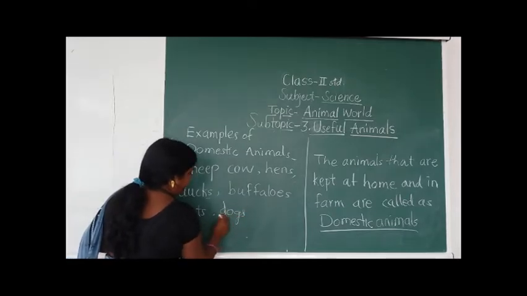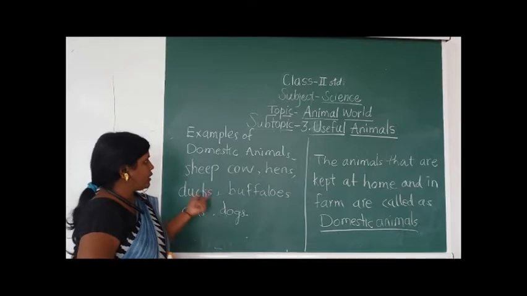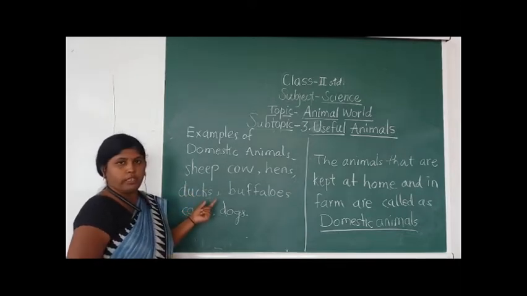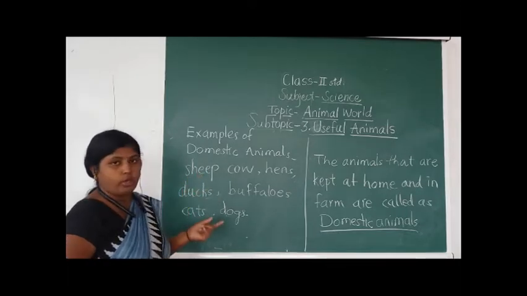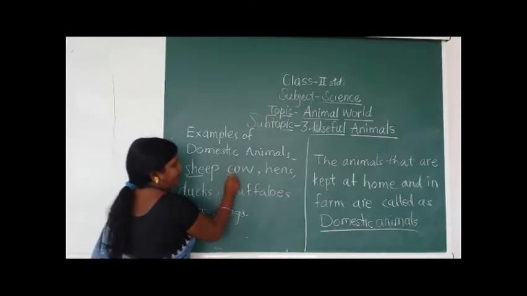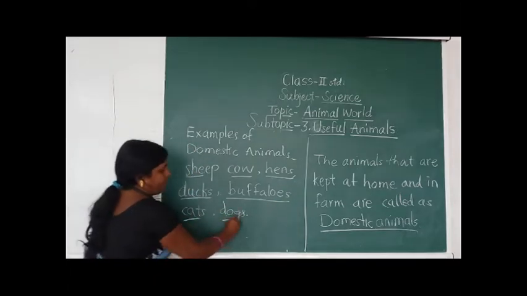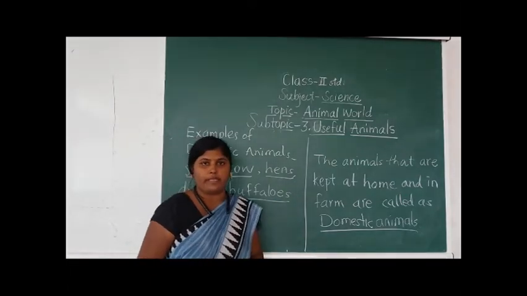So these are a few examples. More examples you can add: cows, buffaloes, goat, donkey also. So the sheep, cow, hens, ducks, buffaloes, cats and dogs are the examples of domestic animals.